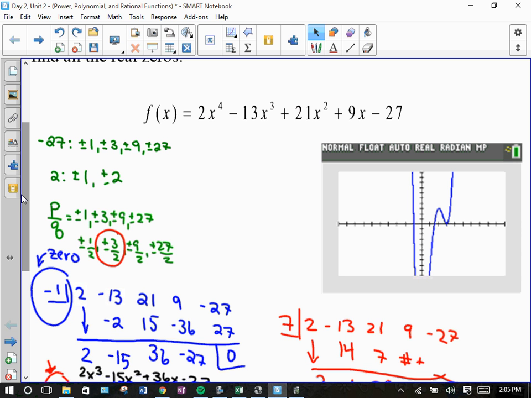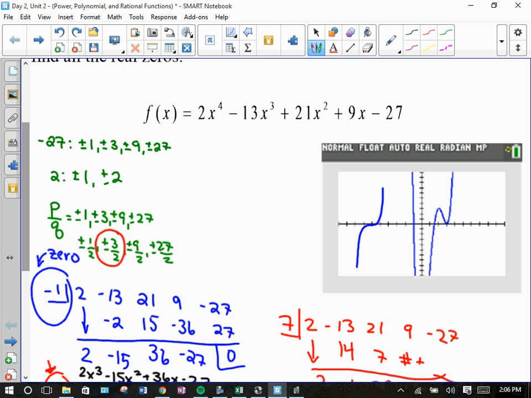Alright? This zero and this zero, on the other hand, have a multiplicity of 1, because they go straight through the x-axis. They cross the x-axis, so we know for a fact that they have an odd multiplicity. We know it's 1 because they go straight through. If it was a multiplicity of 3 or higher, it would start to look something like this.